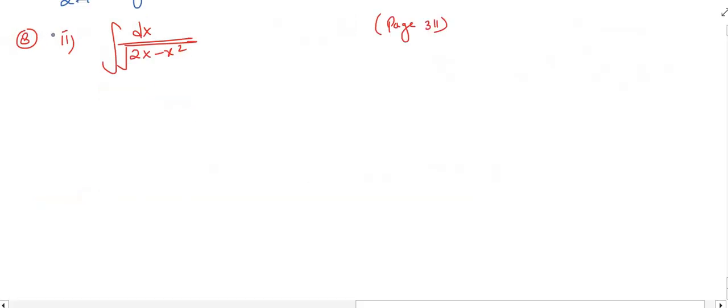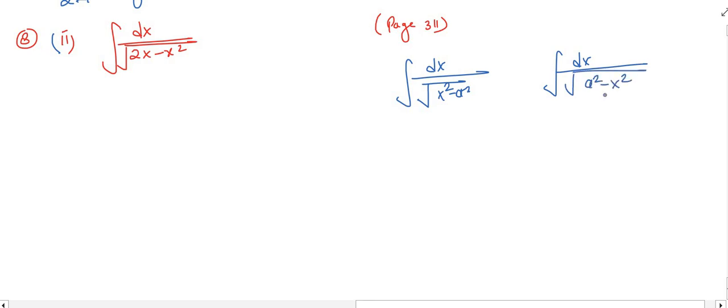This is example 8, second part, dx by under root of 2x minus x square. We can see this part is not matching with any of the standard formulas, correct? The standard formula is dx by under root of either x square minus a square form, or dx by under root of a square minus x square.